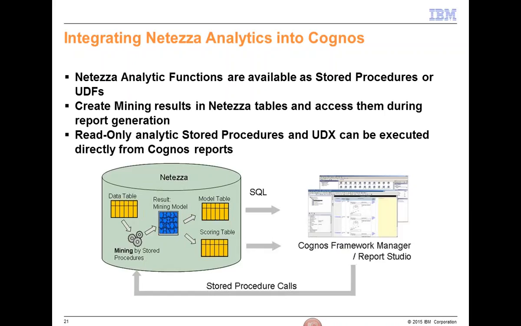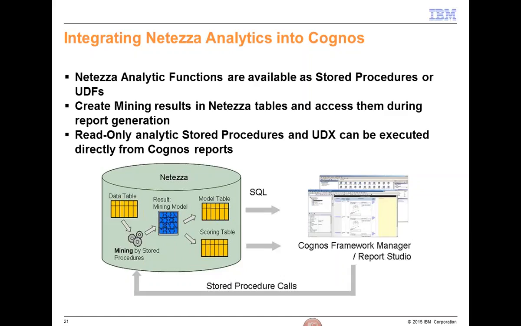Very quickly, this is how Netezza Analytics ties into Cognos. As you can see, we've got Cognos, whether it's Framework Manager or Report Studio. From the report layer or the metadata layer, we can call stored procedures directly in Netezza.